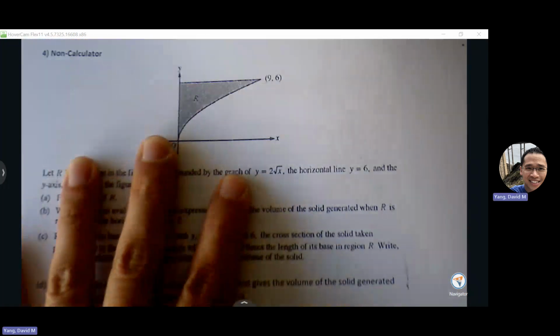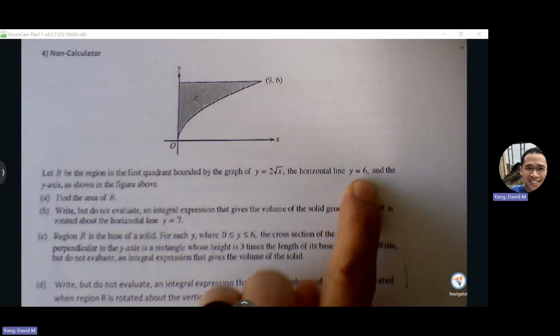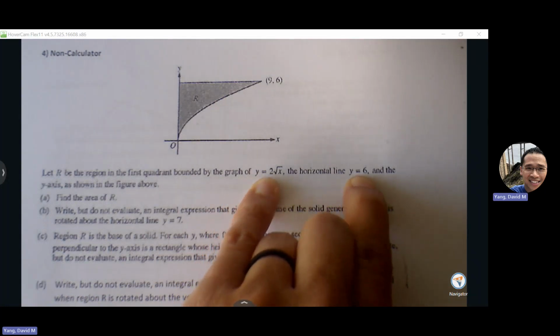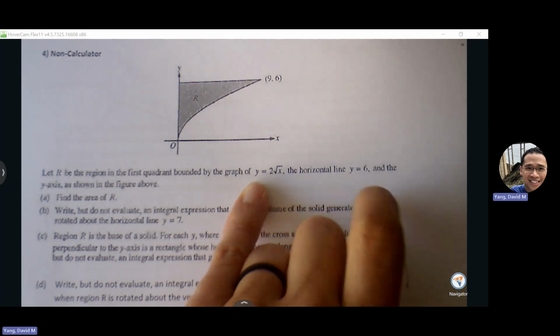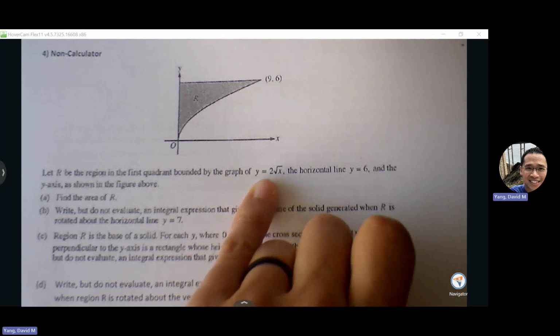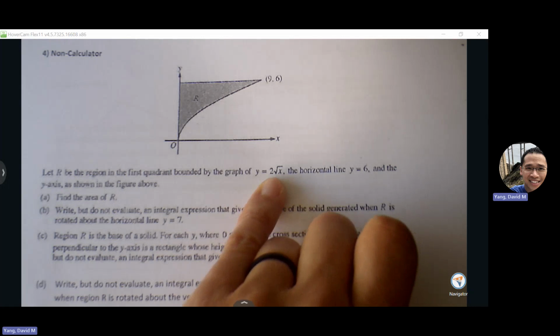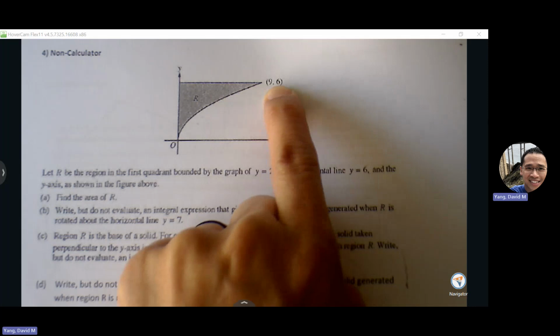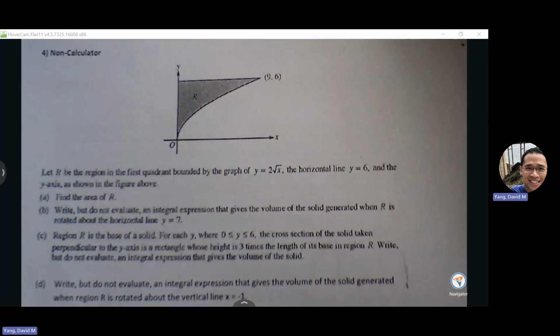Even if that 9 wasn't given to you, you can work backwards. I know that I want a y value of 6, so I solve for x. If 6 equals 2 root x, 6 divided by 2 is 3, 3 squared is 9. So we can still find that 9 even if it's not provided, as long as they give us the line y equals 6.